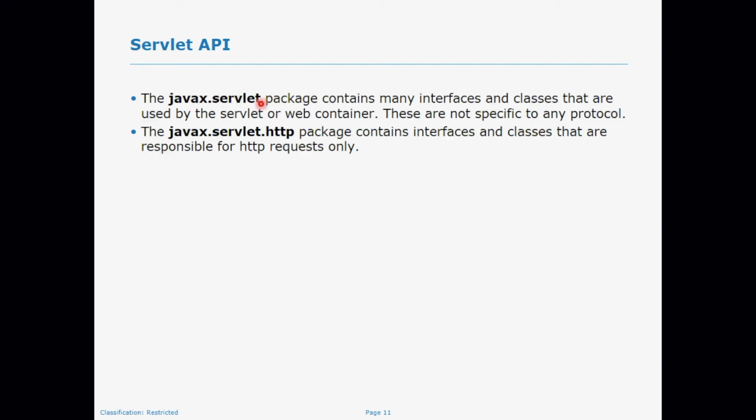The javax.servlet package is for generic protocols, in case you are using some other protocol. This is the age of the Internet of Things, right? We have been hearing about it. I think more than 50 billion devices are connected to the Internet today, and not every device is using just HTTP.